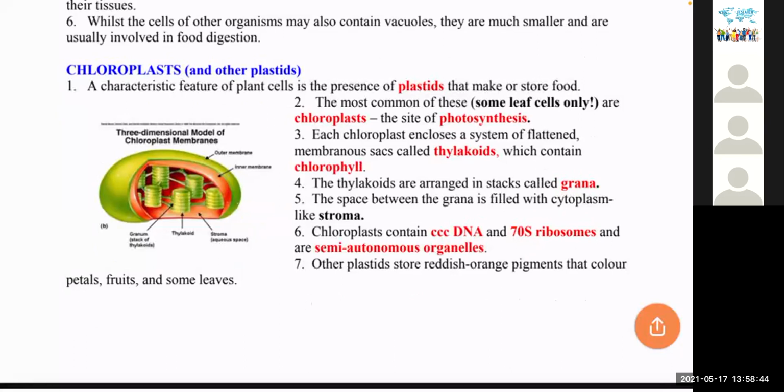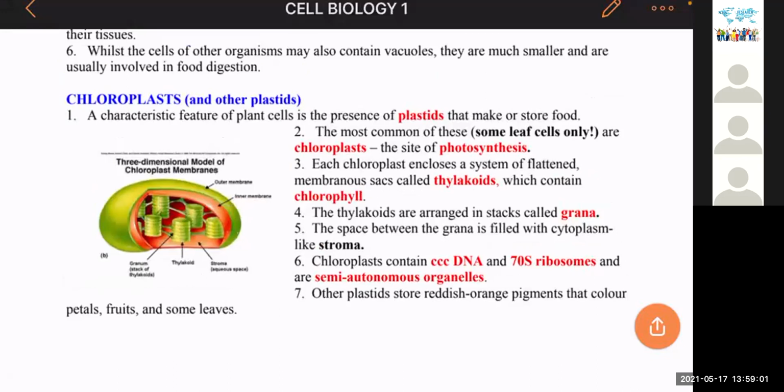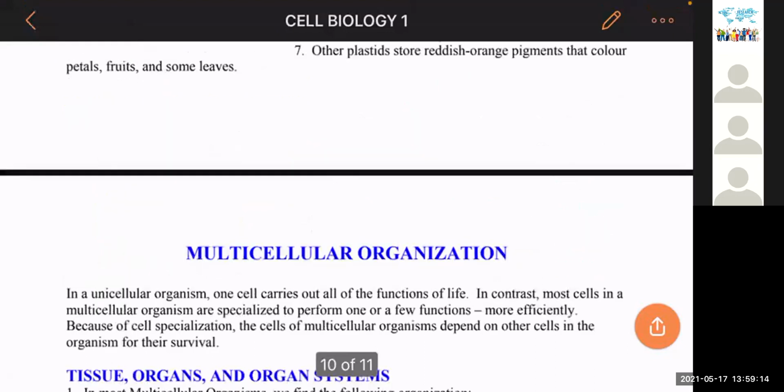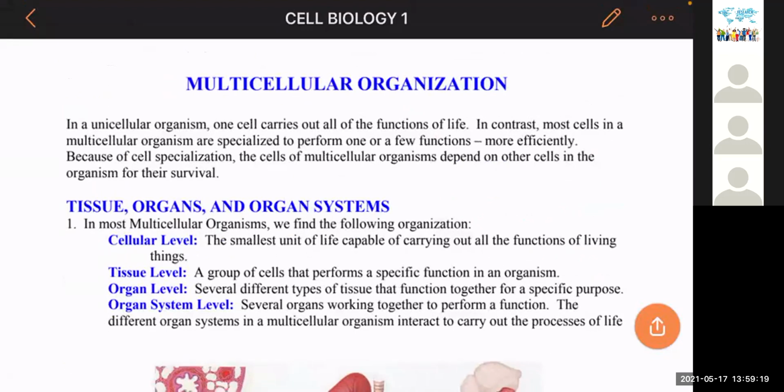We proceed. So other plastids contain reddish orange pigments that color petals, fruits, and some leaves. They've shown us a 3-dimensional model of how a chloroplast looks. And then we come to multicellular organization. Here we are going to understand how from a cell we come to a tissue, organ, and organ system level.